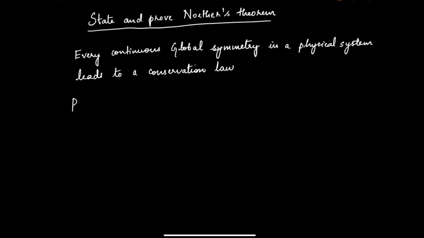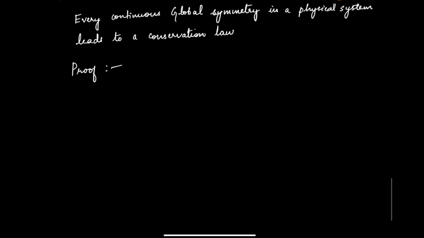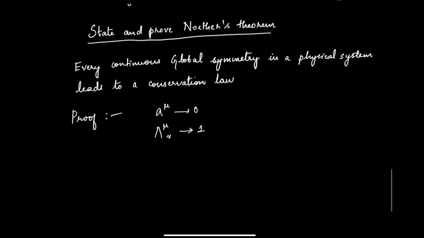So now we have to prove Noether's theorem. For this, we start with the continuous symmetry. Any continuous symmetry will have an infinitesimal form. For example, if you look at translation, then a^μ must be close to 0. And for the Lorentz symmetry, the matrix Λ^μ_ν must be close to identity, for the transformation to be infinitesimal.